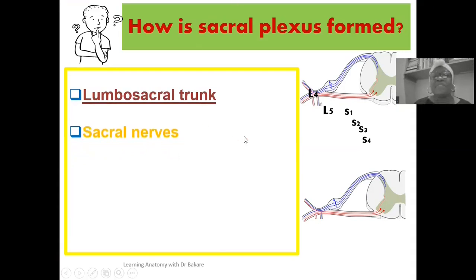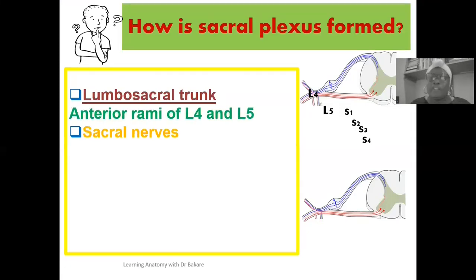So let's dive in first into the lumbosacral trunk. Remember when we tried to establish how spinal nerves are formed in our previous slide, we established the fact that the spinal nerve at this point will further divide into the anterior rami and also the posterior rami. So the lumbosacral trunk is formed from the anterior rami of the L4 and the L5 lumbar spinal nerves.